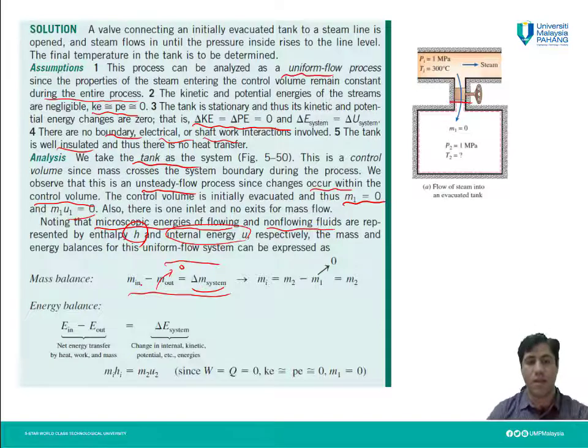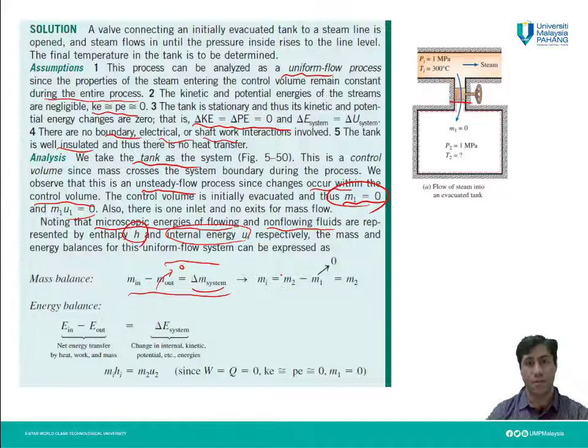Then m in, the mass which comes to the system, is equal to mi. We don't have m out, no mass transfer from the control volume to the surroundings, and delta m of the system is equal to m2 minus m1. As I discussed earlier, m1 is equal to 0, then mi will be equal to m2.